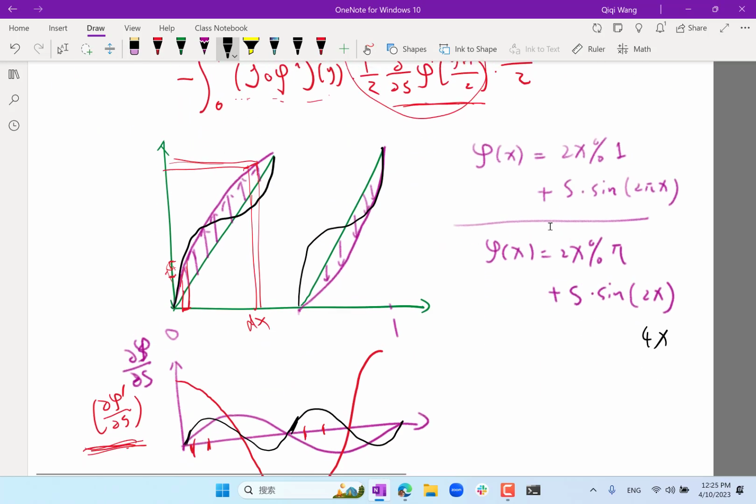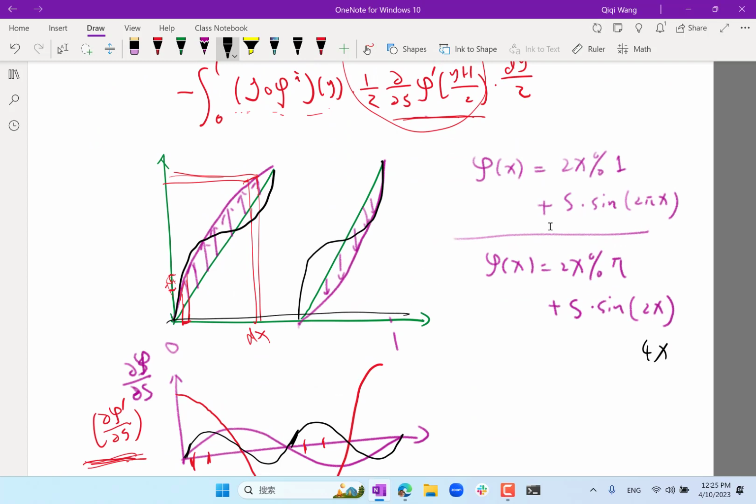So in terms of this figure, you can imagine the perturbation. Let's imagine the purple one is the perturbation. The perturbation actually would change the density here in two ways. One way is that the derivative of that perturbation is going to make the density larger or smaller.